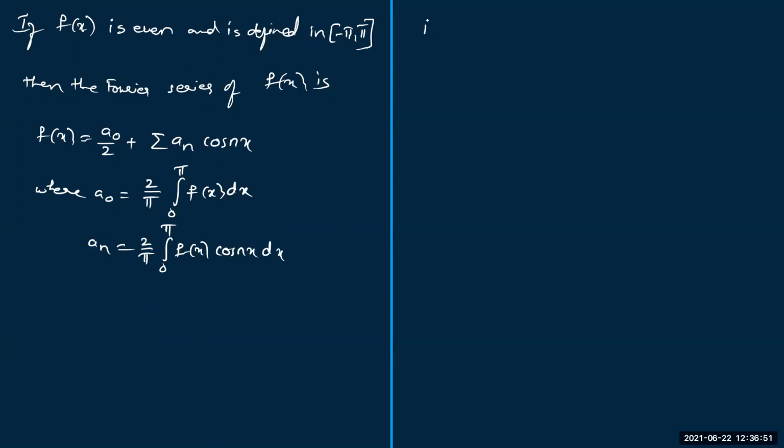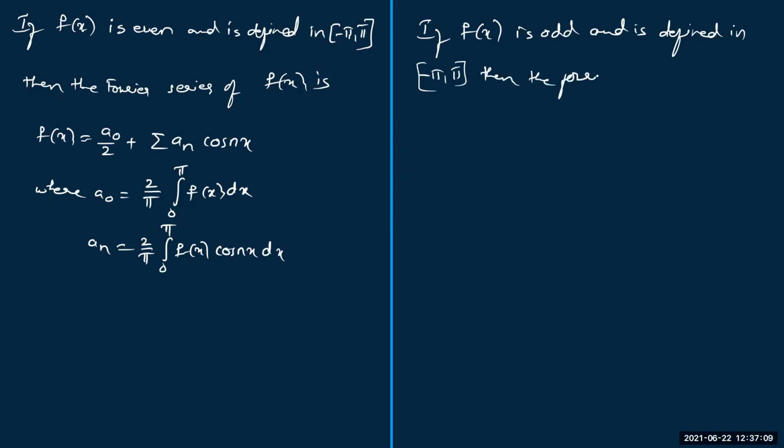Fine. Similarly, when the function f of x is an odd function, and as usual it is defined in the interval minus pi to pi, then the Fourier series of f of x, as we discussed, when the function is odd, includes only sine terms.